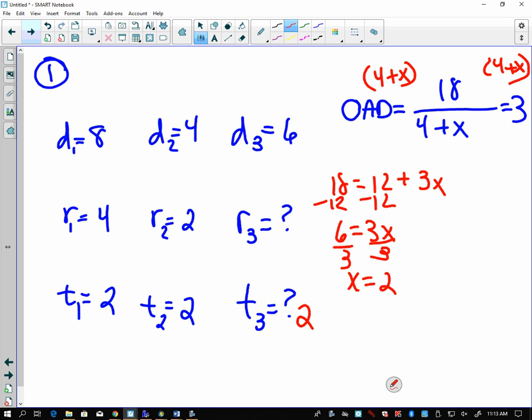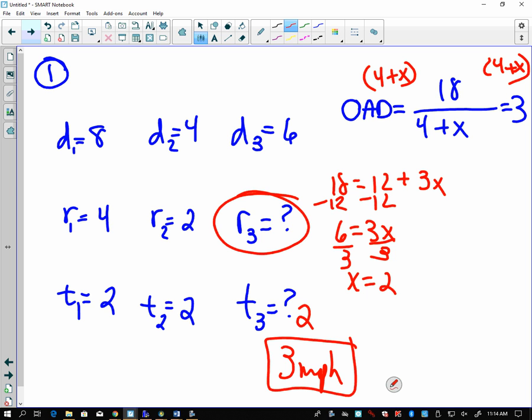So we know that this has to be 2 now. But our question was, what did his rate need to be? Well, if we know his distance was 6 and it took him 2 hours, what was his speed for the last 6 miles? 3 miles per hour. So the answer to question number 1 is 3 miles per hour.